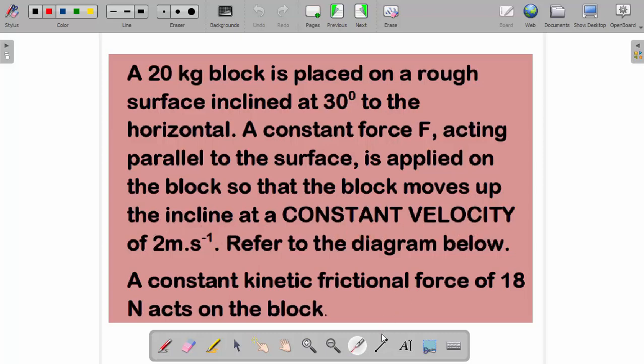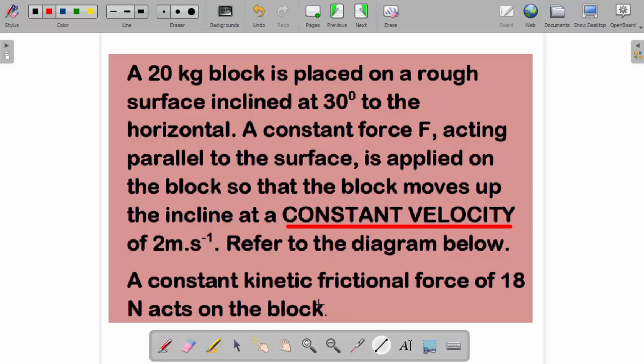Mark that: constant velocity, of 2 meters per second. They say refer to the diagram below. Then they say a constant kinetic frictional force of 18 newtons acts on the block.